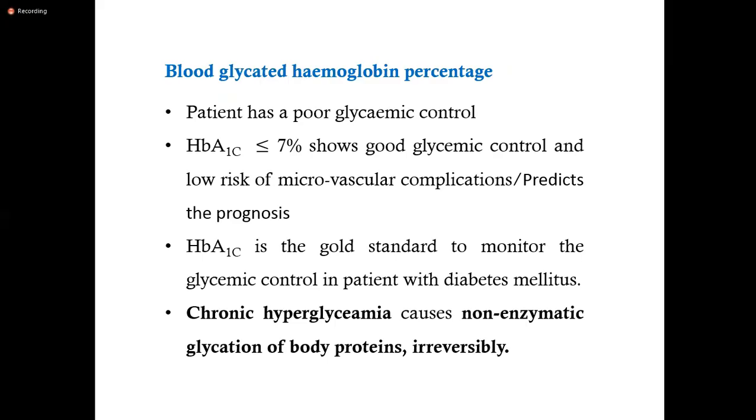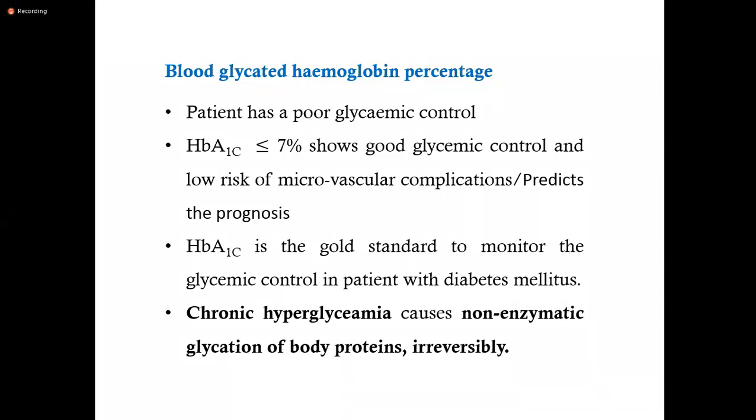So if I ask you, this glycated hemoglobin, is it a serum value or plasma value or blood value? What do you think? It is blood, because if you say fasting plasma glucose, that means you take the blood sample, separate the plasma and get the assay done. But glycated hemoglobin is inside the red blood cells.